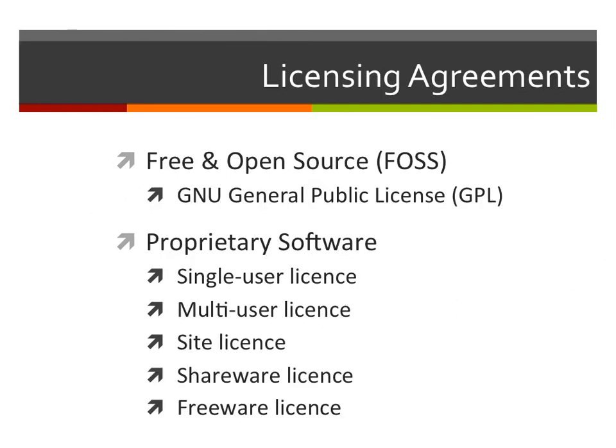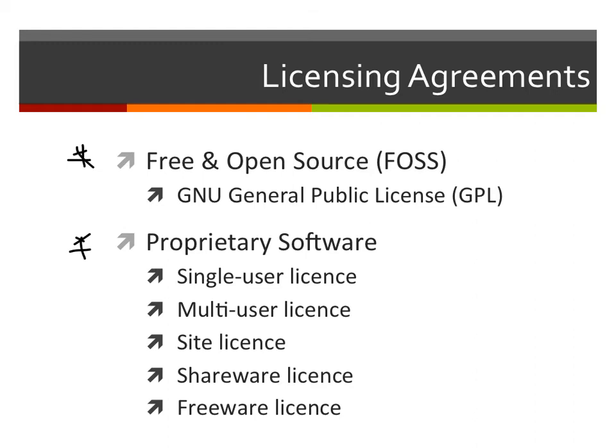So looking at that in a little more detail, license agreements are critical for software, regardless of whether it's a proprietary piece of software or a non-proprietary piece of software. Everything is going to have a license agreement attached to it of some sort. The license agreement dictates what the user's rights are and what their responsibilities are.